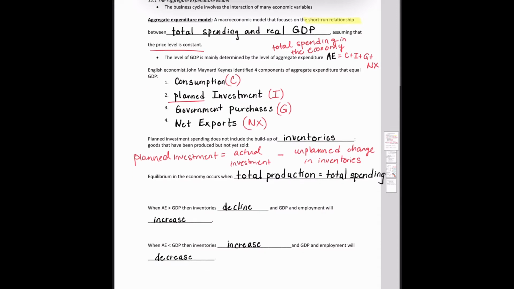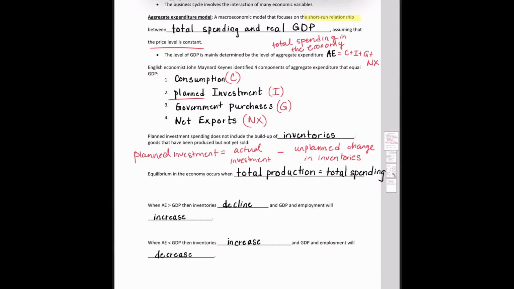So when we talk about unplanned changes in inventories, if the economy doesn't experience any unplanned changes, then actual investment will equal planned investment. If there is an increase in unplanned inventories, actual investment will be greater than planned investment. And if there's a decrease in unplanned inventories, actual investment will be less than planned investment.